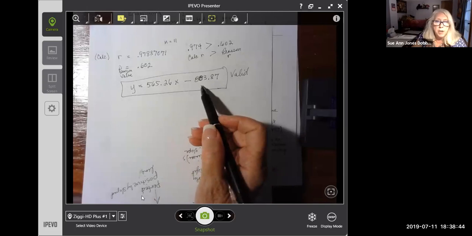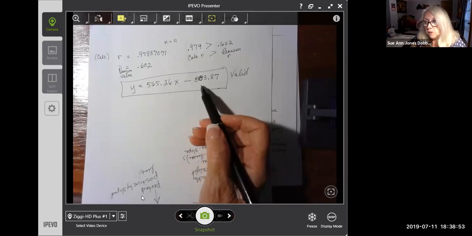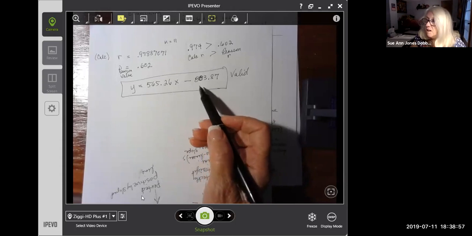What I am not allowed to do is extrapolate, which means I can estimate the number of words for any number between 1 and 6, but I cannot estimate the number of words for values that are above 6, because that would extrapolate the model beyond the original data, which is very iffy.